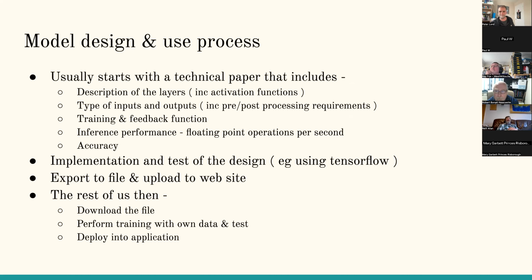I realise I don't really know what floating point operations per second actually means. Yeah, so that was an example of how they rate performance. If you imagine that you've got a neural network, and when you're running it or doing the inference, the computer running it needs to take the inputs, multiply each input by the weight, add those together, and go through an activation function, and that takes some effort, right? And the paper will include how fast that can be done.